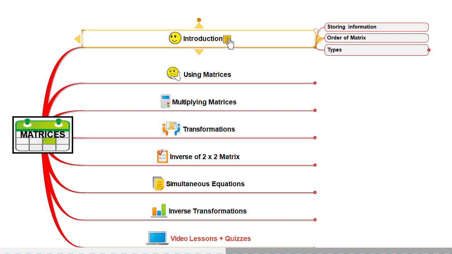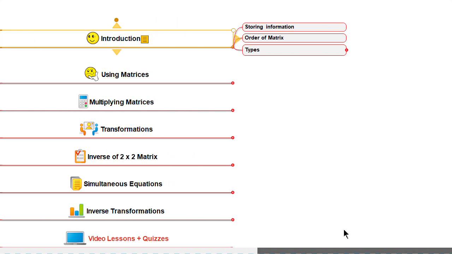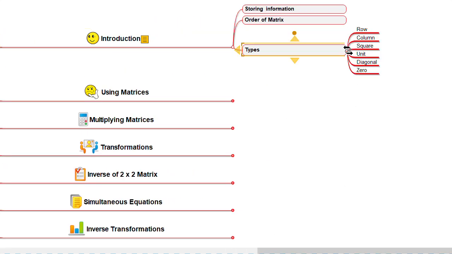And matrices are used or designed to store information. You have to know what the order of a matrix is and the different types of matrices. Let me expand that. So you have a row matrix, a column matrix, you have a square matrix, you have a unit matrix, diagonal matrix, zero matrix, and so on.